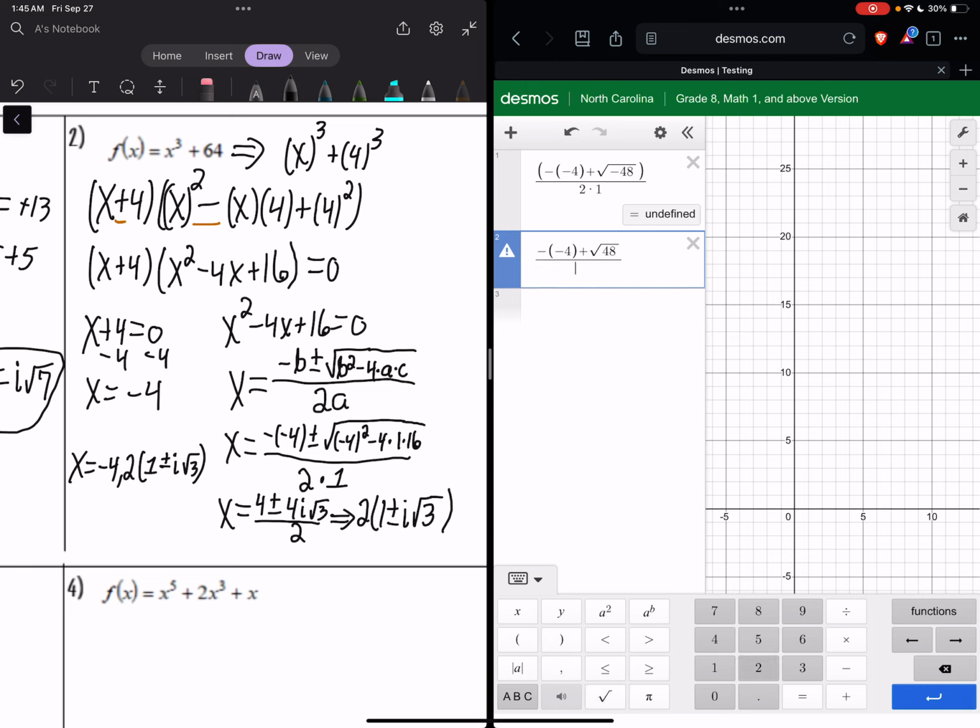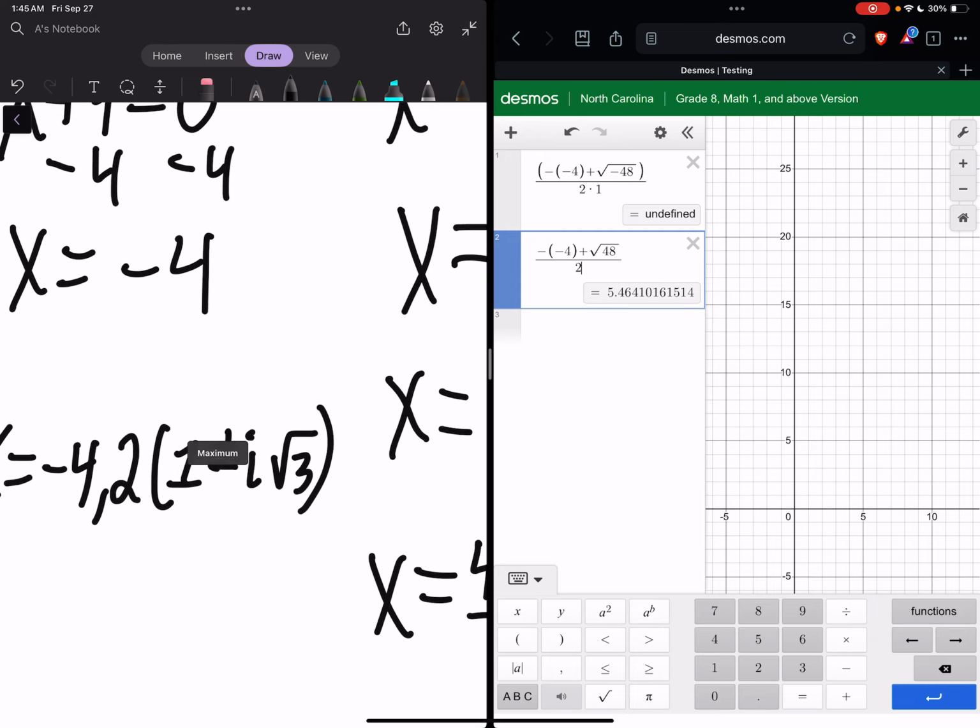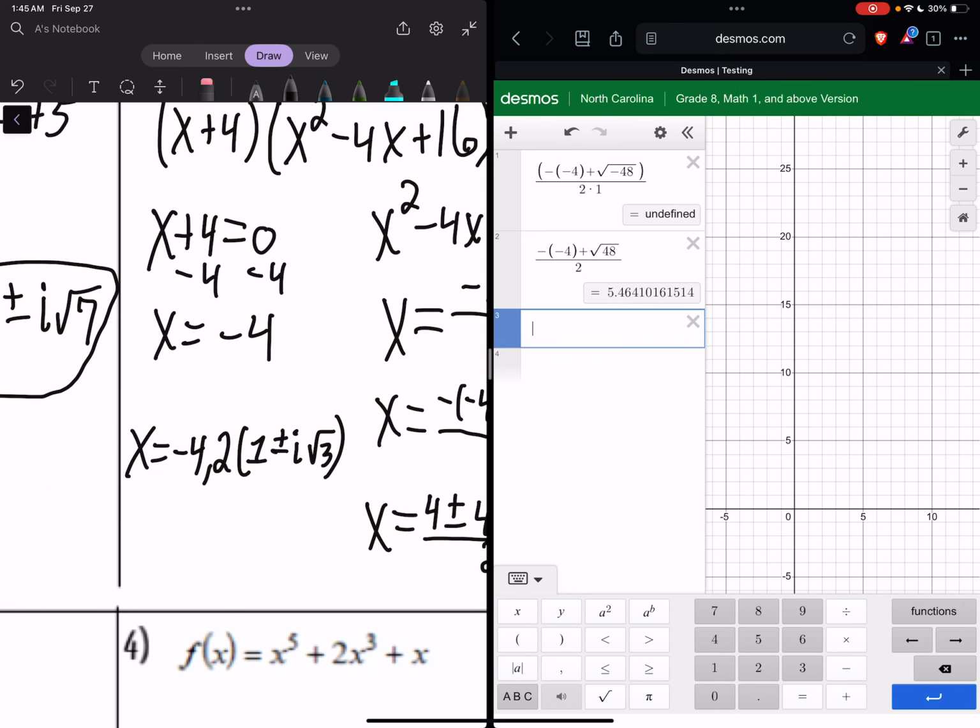Is it the correct answer? No. Will it help me find the correct answer? Yes, because if I have answer choices such as the 2 times the quantity 1 plus, and again I'm taking out the imaginary, square root 3. So I'm taking out that negative radical. Notice my answers match.